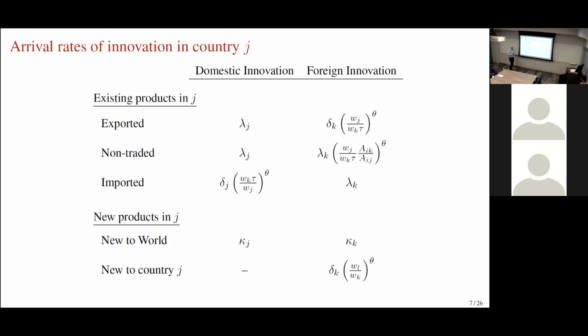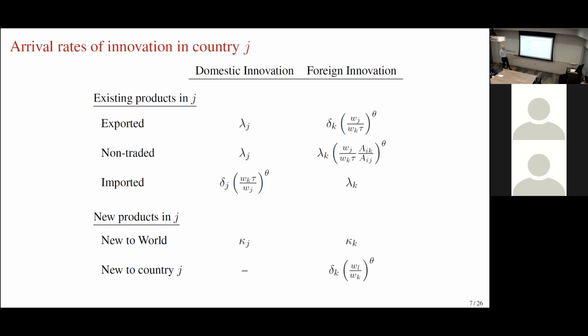So it was a not traded category, but we might get it for the first time if there was some quality ladder improvement on it that made it good enough that we start importing it, a new variety that way. So it doesn't have to be new to the world, this could be just new to country J. So that's happening in the model.